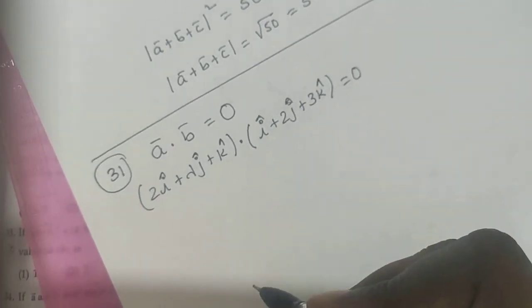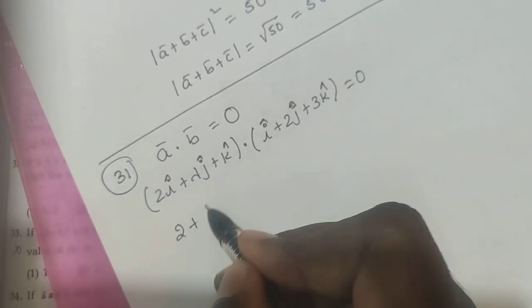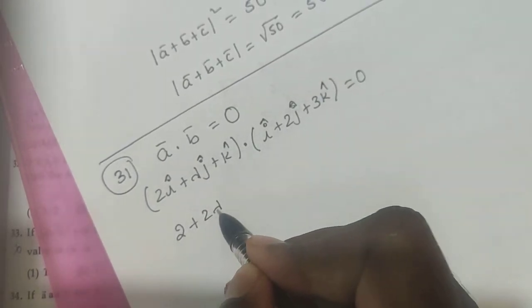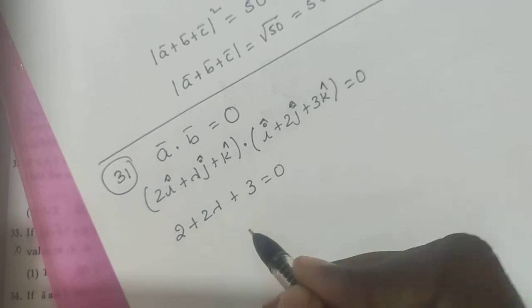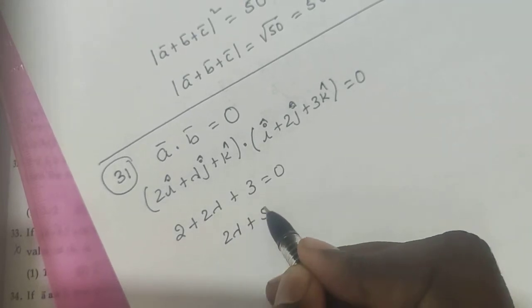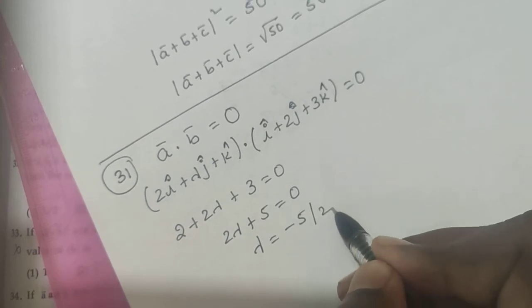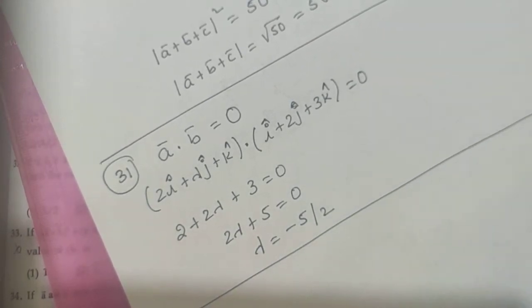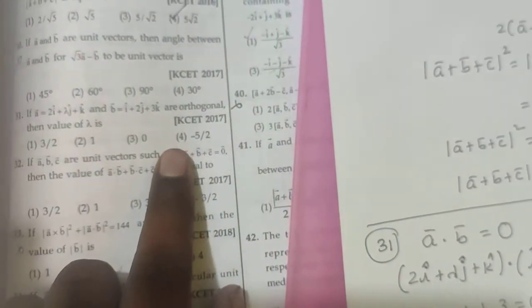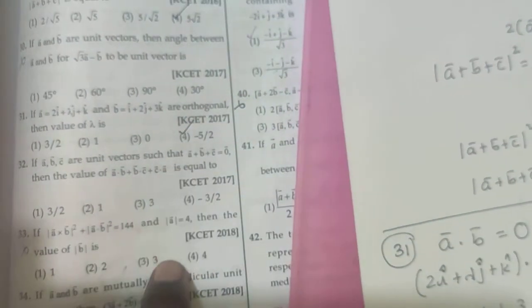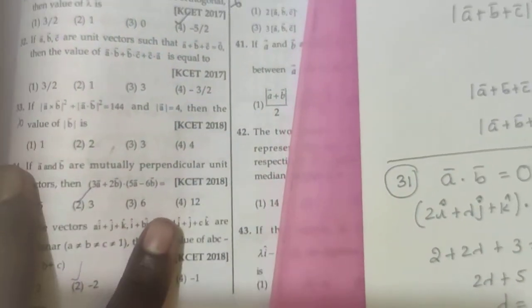So we know how to find the dot product. 2 into 1, 2. Lambda into 2, 2 lambda. 1 into 3, 3. Then 2 lambda plus 5 equals 0. From this, lambda equals minus 5 by 2. That is the answer for question number 31. That is nothing but the fourth option, the correct answer for this question number 31.